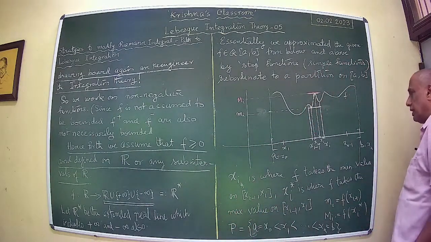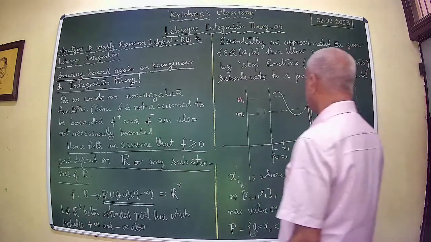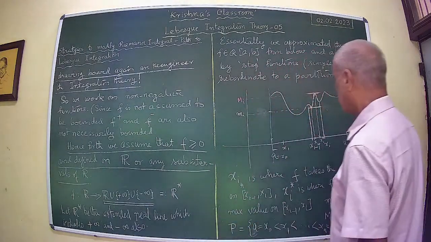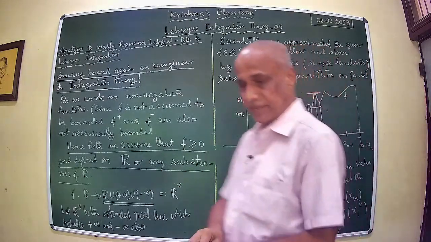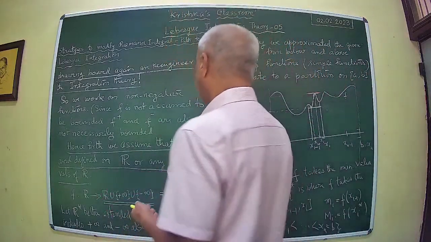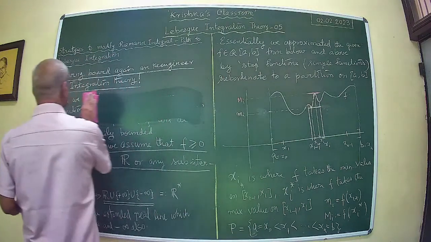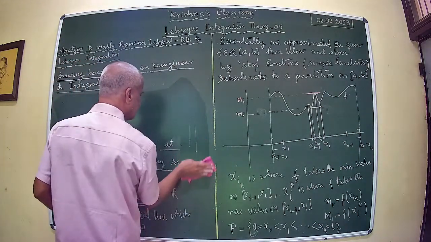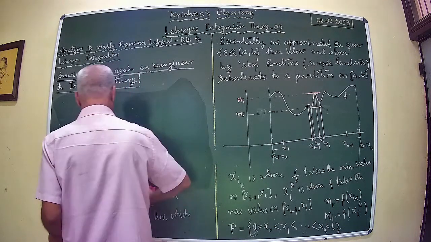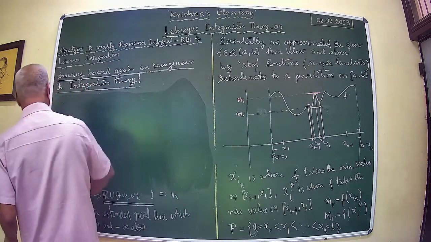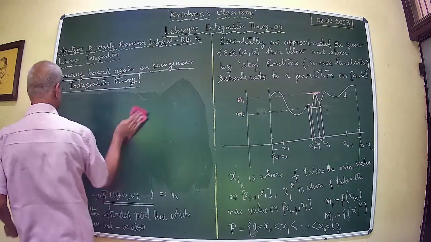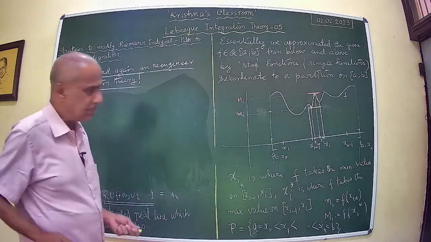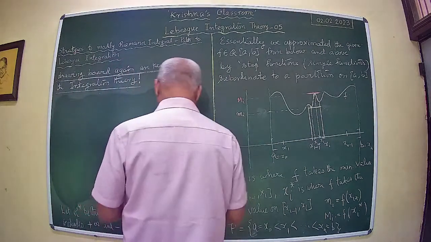So corresponding to this partition, for the given function you had something defined. So what do we have? We have two step functions. So the step functions that we had was this.